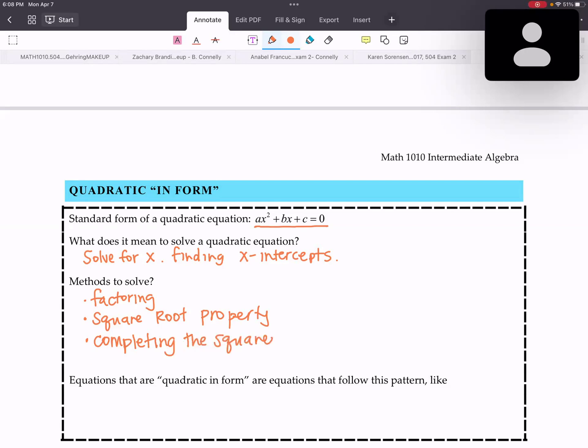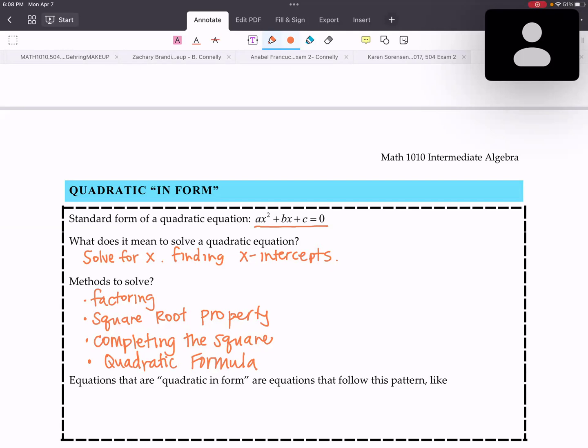And we talked about the quadratic formula. So these are the different ways that we can solve quadratics. Sorry about that. Tickle in my throat.